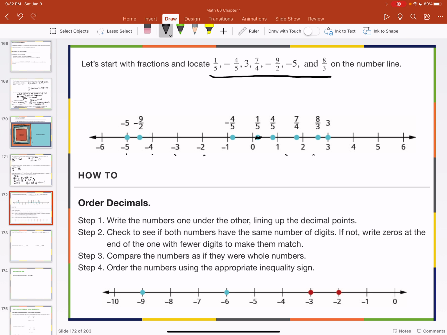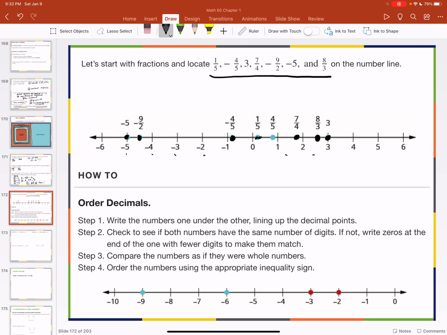Then -4/5 would be over here to the left, in the negative direction. 3 is over here. 7/4 would be almost 2, because 2 is 8/4. Then we have -9/2, that's approximately -4.5, and then 8/3. 8/3 is kind of like 2 2/3, so that's right there.